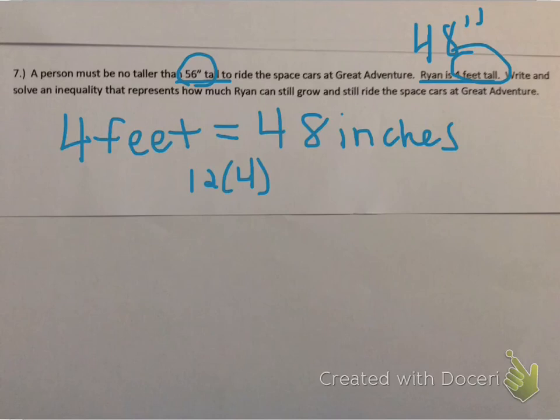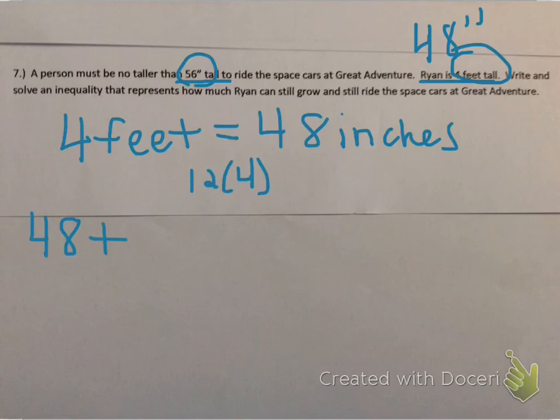Okay, now we're going to write our inequality. So, okay, so for this, we are going to take the current height. So what is the current height of Ryan? Ryan is right now 48 inches. So we definitely have that in our inequality. We want to know how much more he can grow. So if we were going to be growing more, we would be adding however much he can grow.